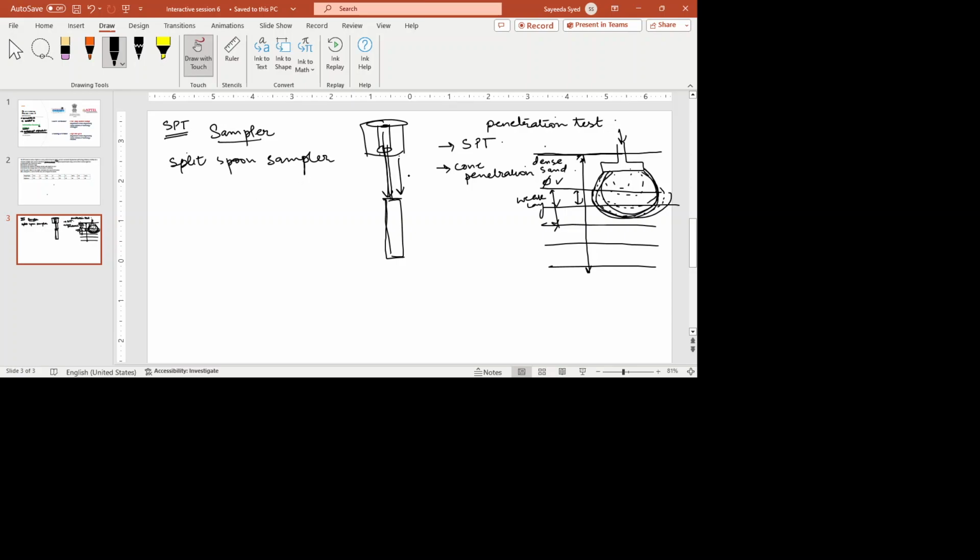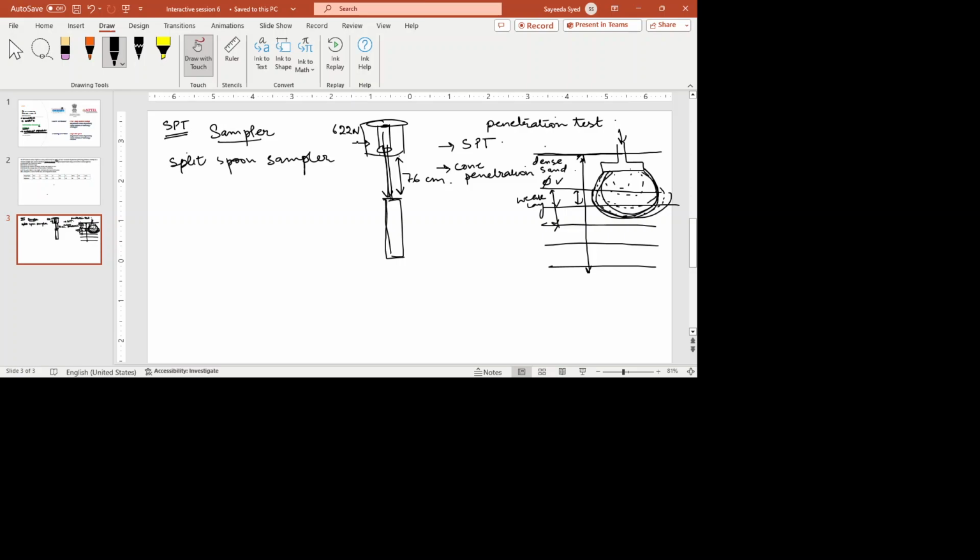The drop is almost 76 centimeters, because these are the standard specifications. Otherwise, we will not be able to compare any two results if we do not standardize them. The hammer also has a standard weight, which is about 622 Newton, about 65 kgs.